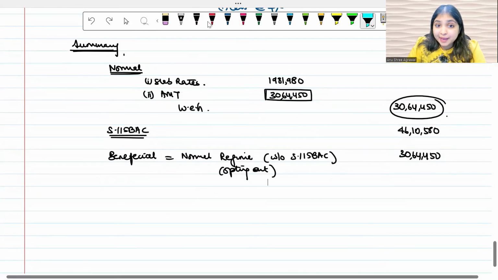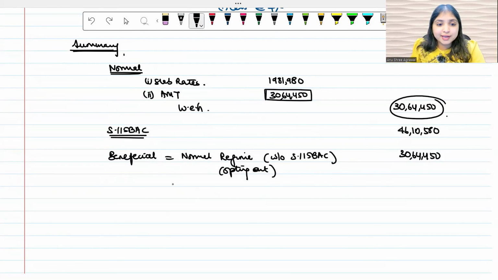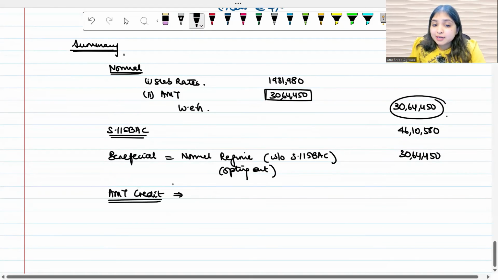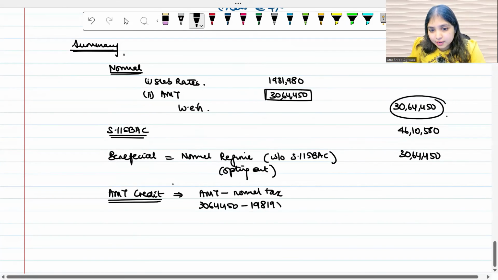So whenever we pay AMT, we will have one more thing, right? We will have AMT credit. Whenever we pay AMT, we will be having AMT credit. And AMT credit will be nothing but the difference between AMT minus the normal tax. So AMT is 30,64,450. The normal tax was 19,81,980. So what is the difference?